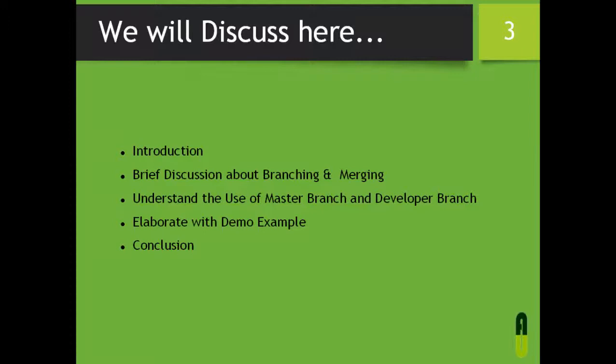In this topic, we will discuss the master branch and developer branch, like how you can use a branch as a master, developer or feature. And last, a demo example. We will elaborate here. And the final part is the conclusion.